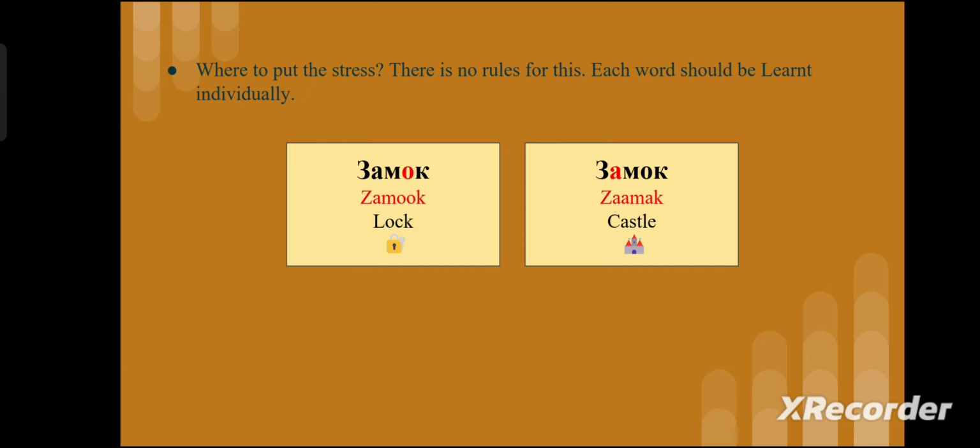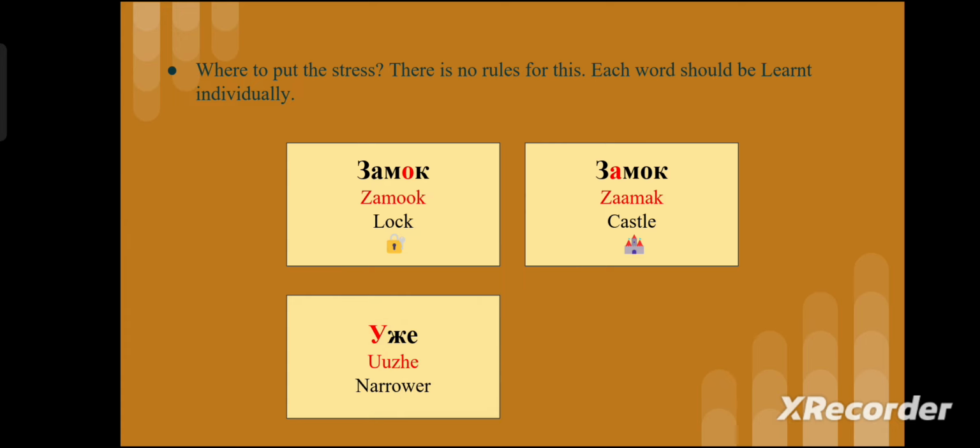Zamak, here the stress is on letter A. Zamak, it means castle. Here the meaning changes when the stress changes. So it's very important to understand the stress. So we should learn how to read each and every word in Russian language and understand the stress.